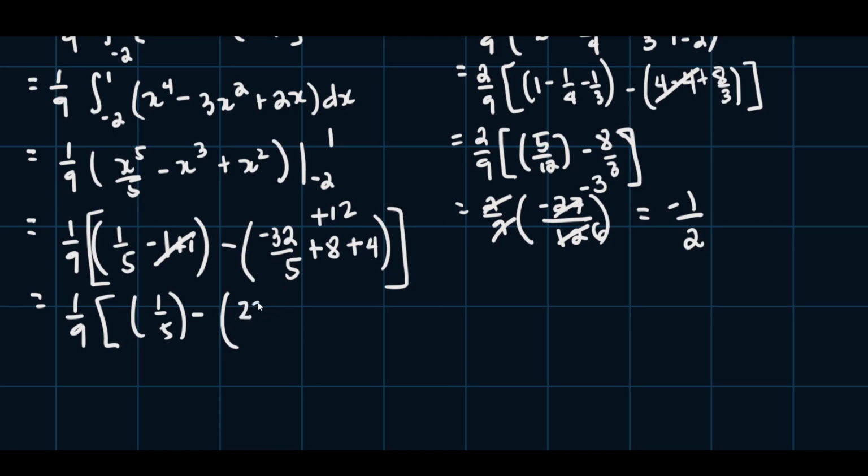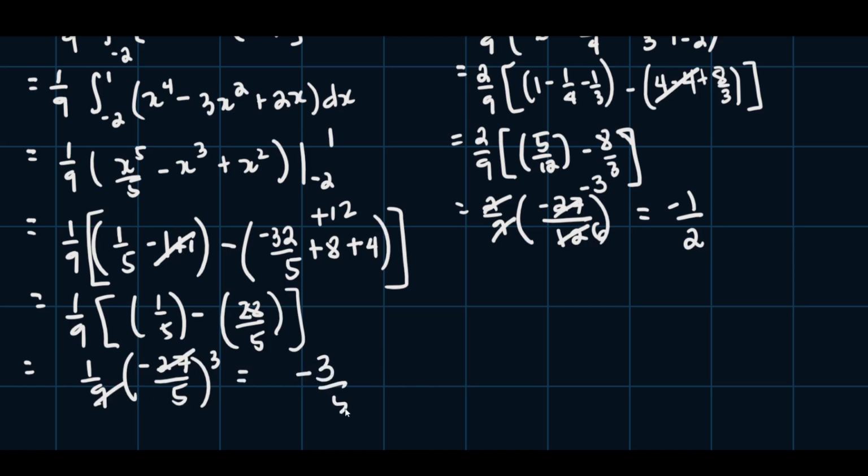So, 28 over 5. So, we have 1 over 9 times -27 over 5. So, we have -3/5.